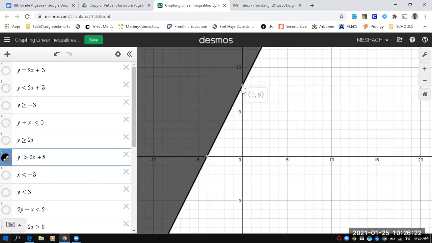So the y-intercept is still 8 and the slope is 2. But this time, do you realize that the line is a solid line? And it's a solid line because it's also equal to it. It's only a dashed line if it's not equal to the line, or if it's less than or greater than but not equal to. With this one, it is also equal to that line. So that's why there's a solid line.